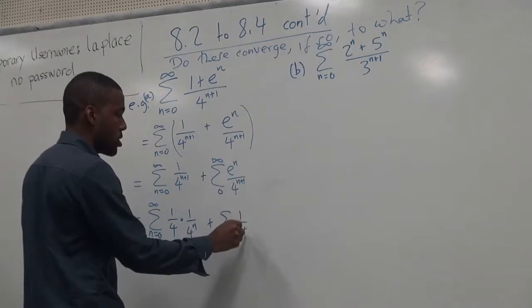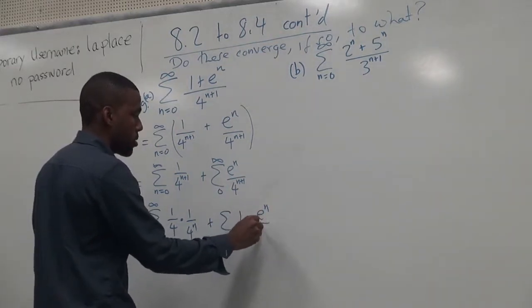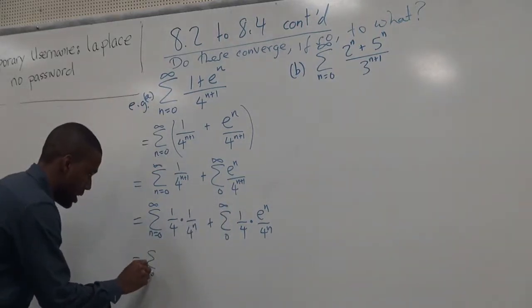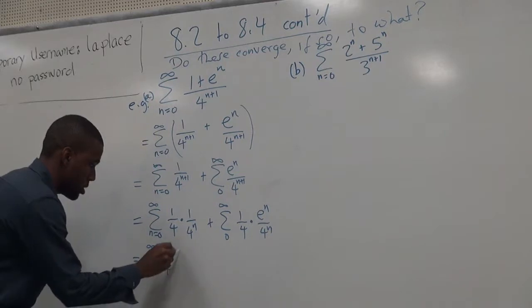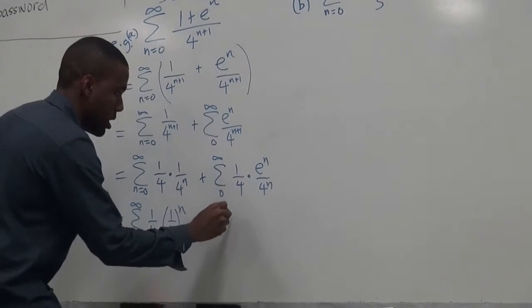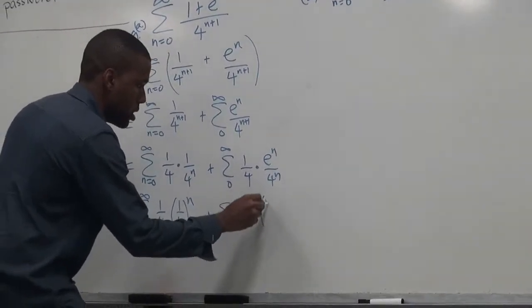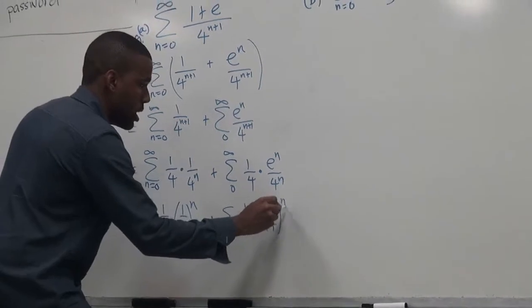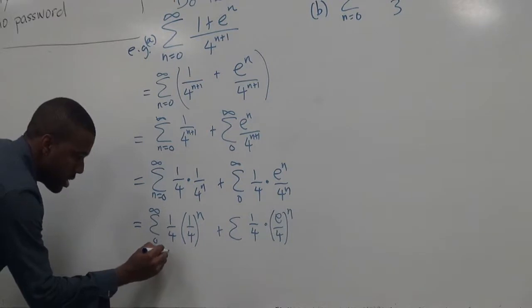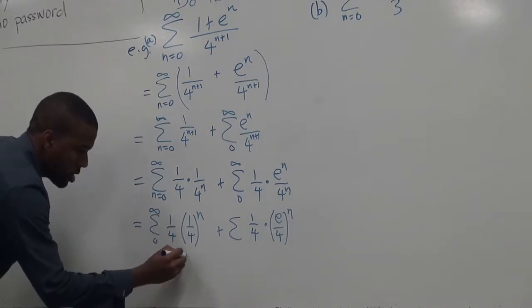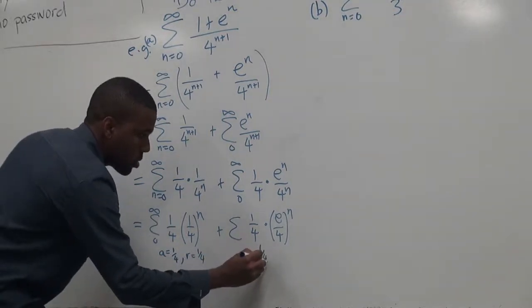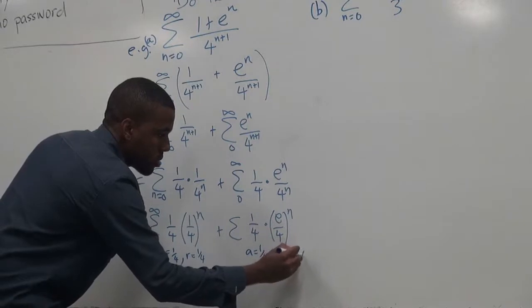Similarly, this I can write as a quarter times e^n over 4^n. Which means for this one, your a is 1 over 4, your r is 1 over 4. Here your a is 1 over 4, your r is e over 4.